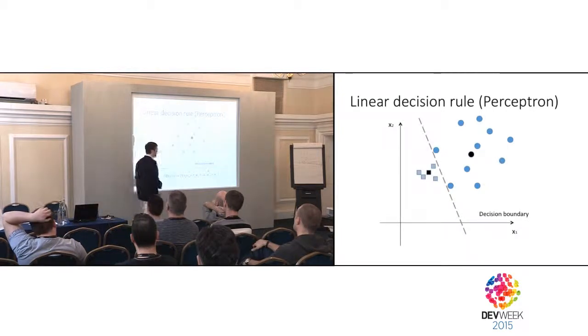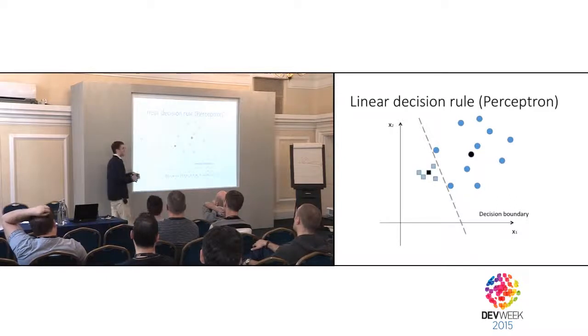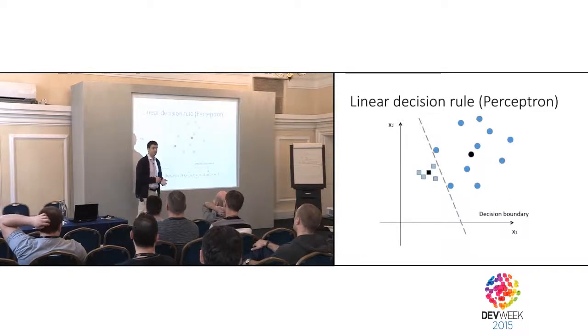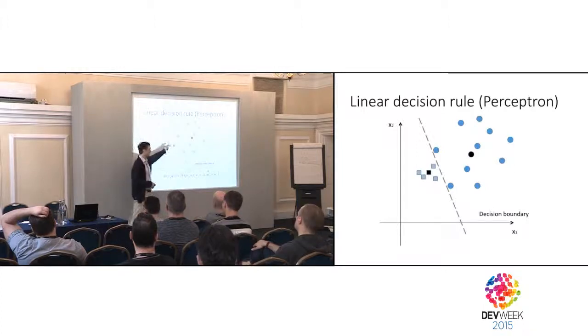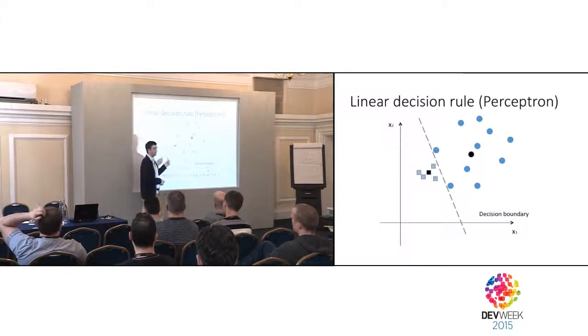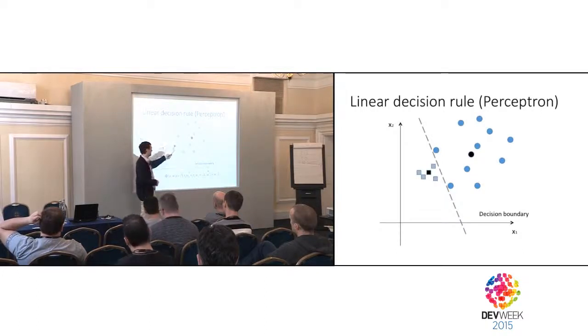So how do we train this system? Well, for example, the brute force method could be just trying many random line positions. For each line position, we can use the training sequence to estimate how well this line separates our points.